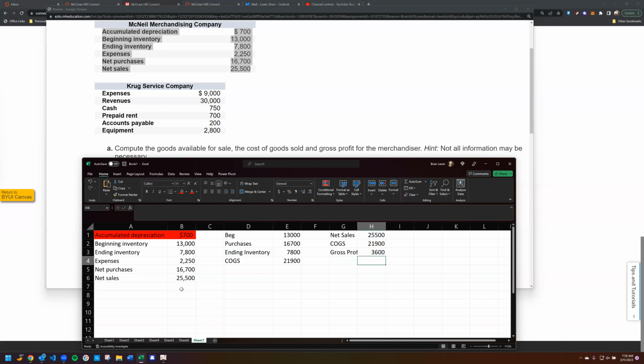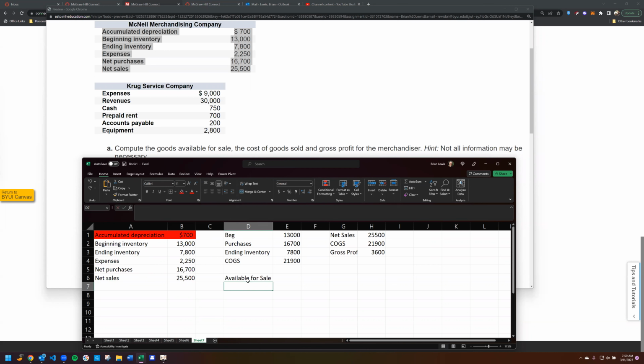Okay, so that's 3,600 for gross profit. So the question is, goods available for sale. I think they're the same number as the cost of goods. Okay, available for sale.